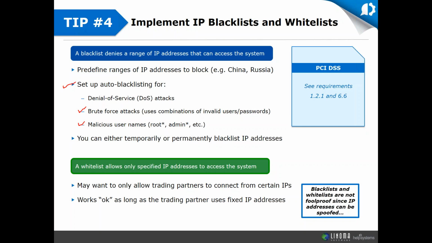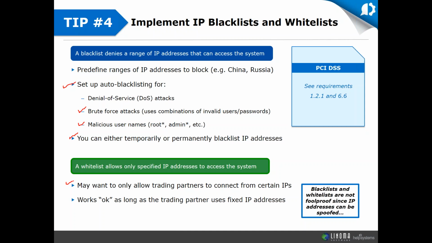Now, some FTP servers let you either temporarily or permanently ban an IP. If the IP is temporarily banned, then the user will have the opportunity to try to connect again in a few minutes, which may be good if a legitimate trading partner was having some issues on their end, such as a bad script. Now, if a whitelist is used, you may want to configure that to only allow certain trading partners to come in from certain IP addresses.